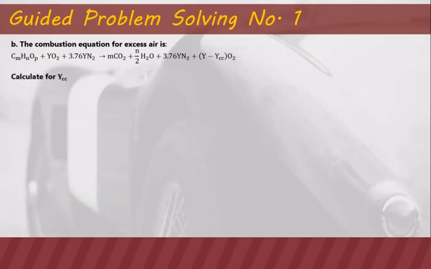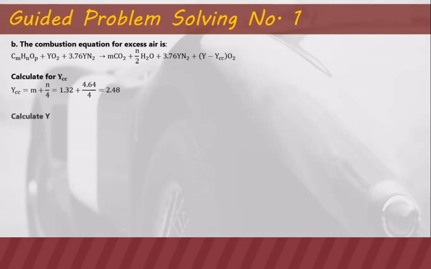For ycc, the theoretically correct amount of oxygen in our reactants, that is equal to M plus N over 4. We already calculated M and N in the previous slide. That's why we have 2.48.